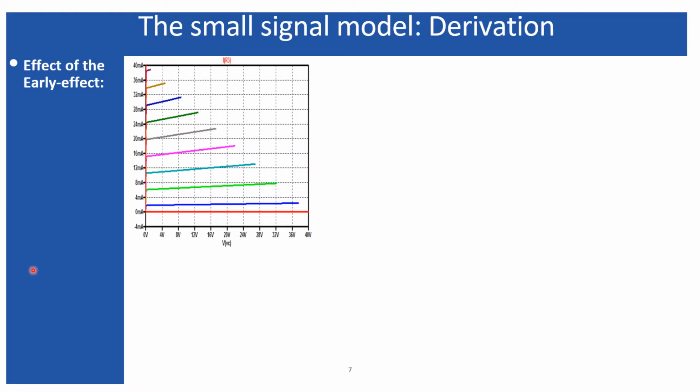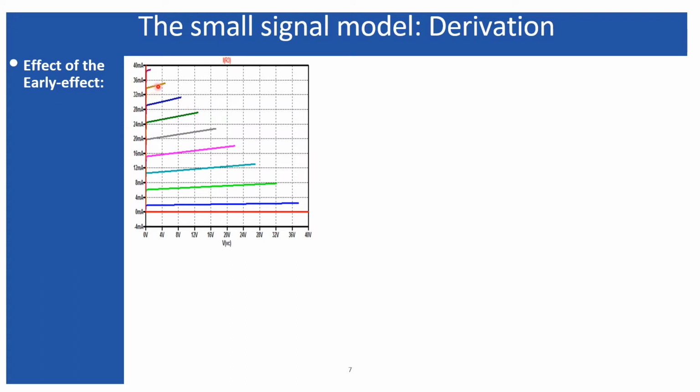When the collector to emitter voltage increases, the reverse bias increases. As a result, the chance of recombination between the minority carriers and the majority carriers gets reduced. So more minority carriers can reach the collector, resulting in an increase of the collector current. So the collector current is increasing as the VCE is increasing.